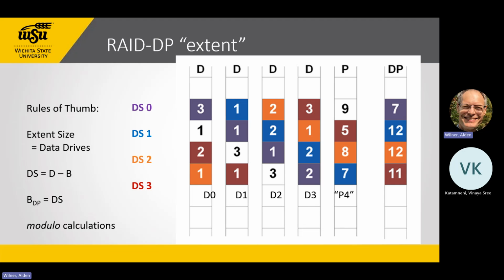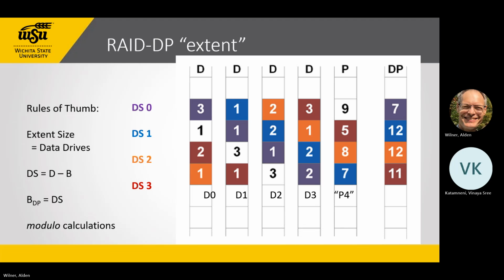I've got 4 data drives, so I have 4 diagonal stripes, 0, 1, 2, 3. If I didn't want to worry about that whole problem with the parity and the prime numbers, I could just make one more stripe right here and protect it with diagonal parity, and I wouldn't have to worry about the prime number of drives. But why don't we do that?